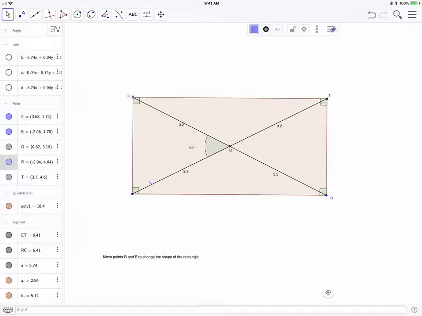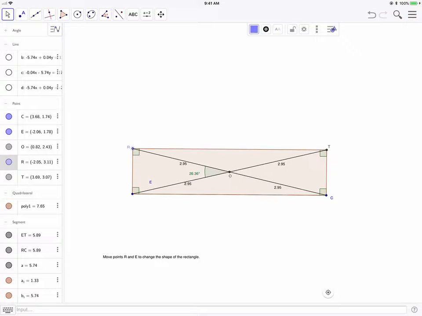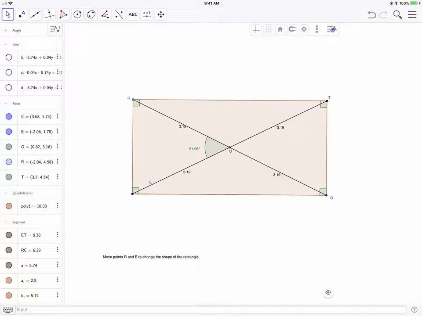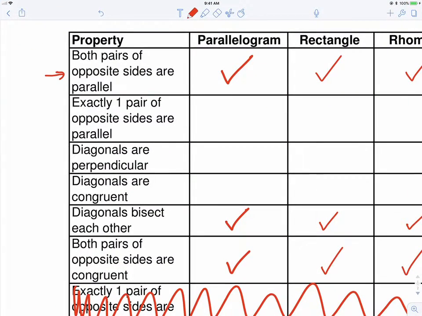So in total length, one diagonal from one vertex to the other is going to be 6.4 units long. And the other diagonal is also 6.4 units long. So it looks like the diagonals are congruent. And if I move this rectangle around, the diagonals always seem to remain congruent. So diagonals are congruent in a rectangle. That is a property of rectangles.